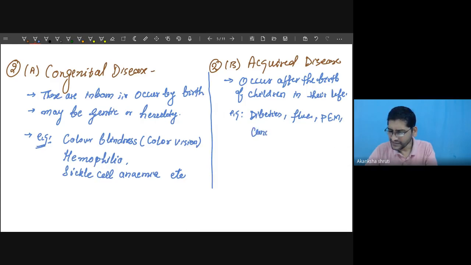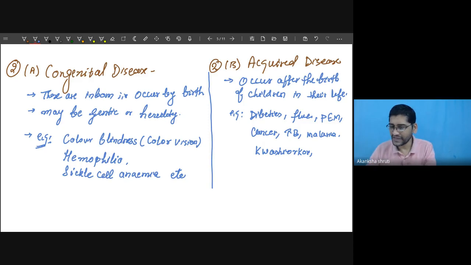It may be cancer which occurs after birth, it may be TB, it may be malaria which was not there during birth but occurred after birth. It may be diabetes, cancer, TB, malaria, communicable or non-communicable, or twisted bones or a bigger abdomen with a thin body structure, which is called kwashiorkor.